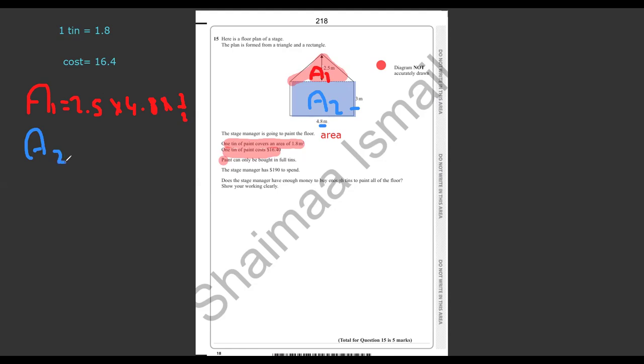So the total area would be area 1 plus area 2. Calculate this.